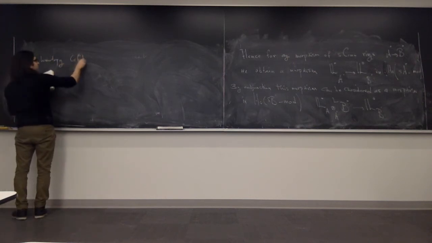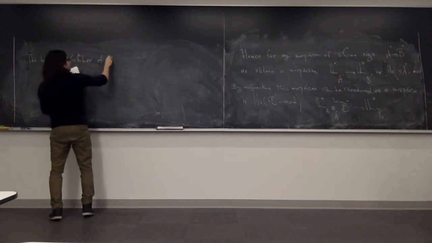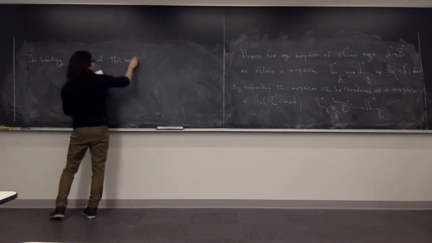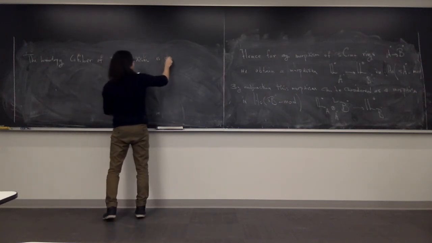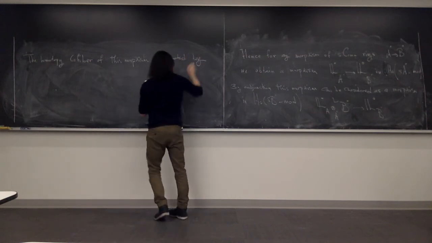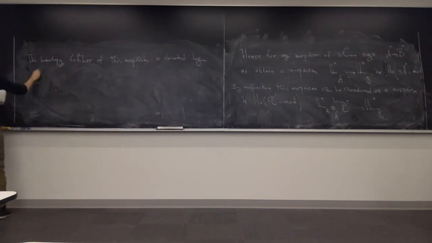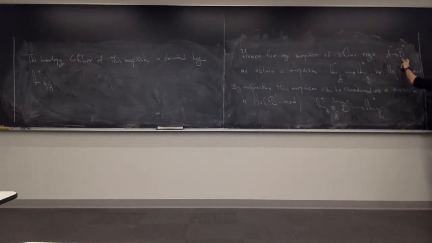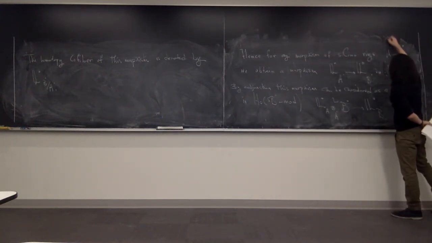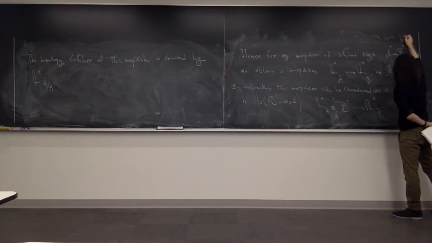So, final remark: the homotopy cofiber of this morphism is denoted by L dot of B dot over A dot, the cone, basically. So you have a morphism of rings that defines, if you naively think about these as commutative rings, the spec of B goes to the spec of A, right?